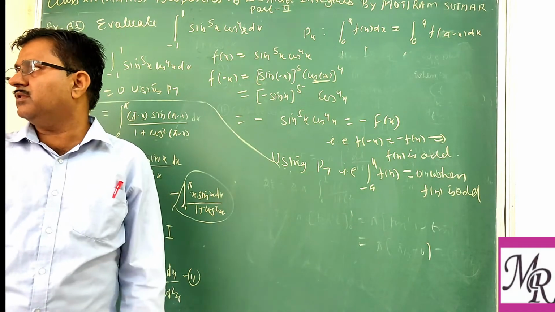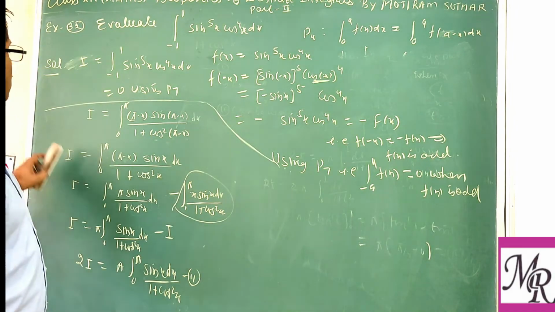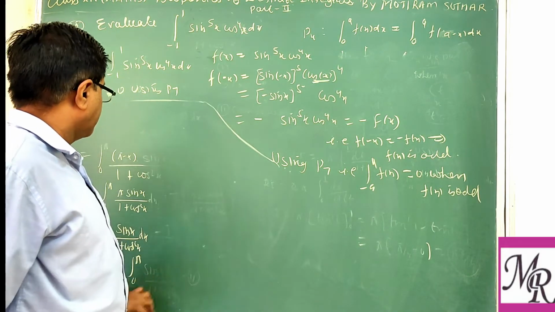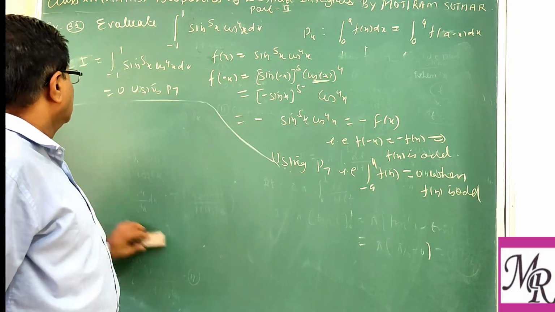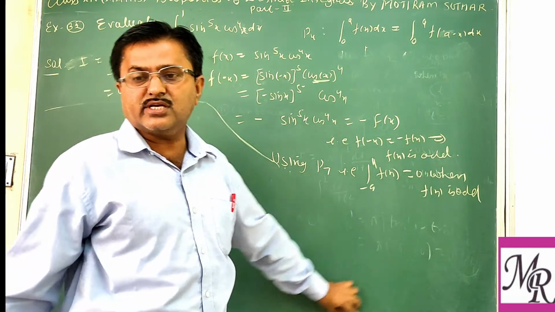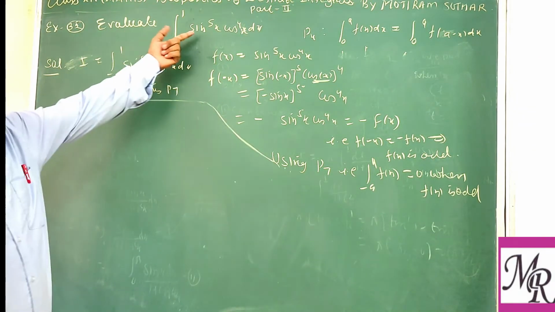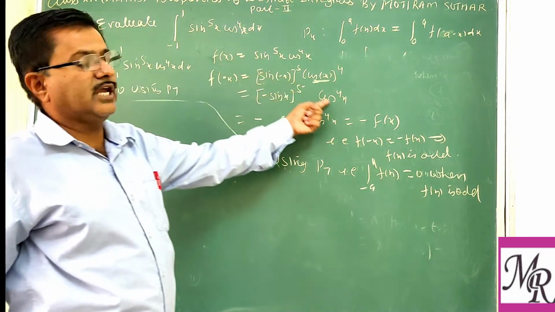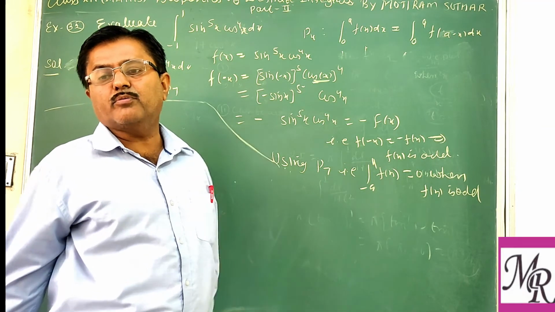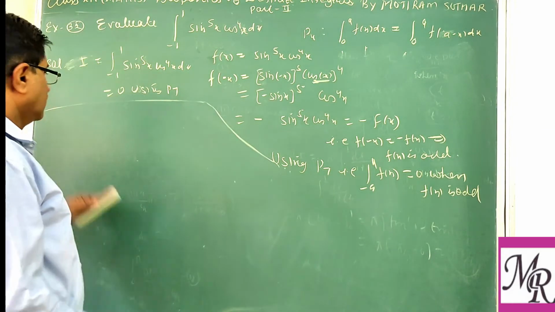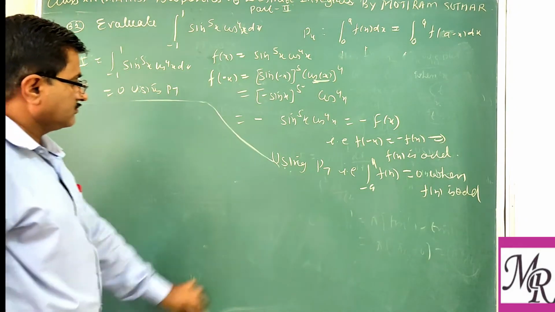If it is even, you use the property for even functions, and if it is odd, you use the property according to the odd function. These properties are important because without finding the integration we get the answer only by applying the properties of definite integrals. So you may write this.